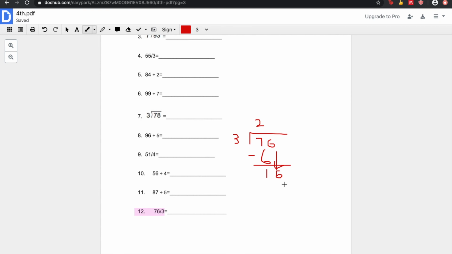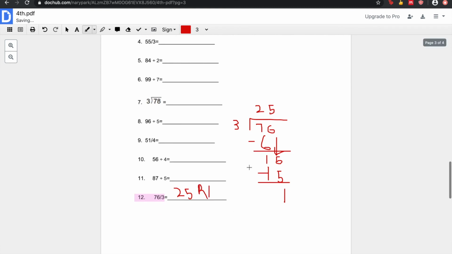Okay, let's think. 3 times 4 is 12. 3 times 5 is 15. But 3 times 6 is 18. That's going over. So it can only go into 16 5 times without going over. So we subtract, and we get 16 minus 15 is 1. So our answer is 25R1.